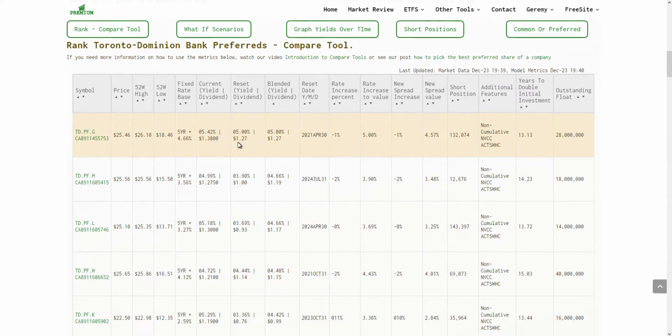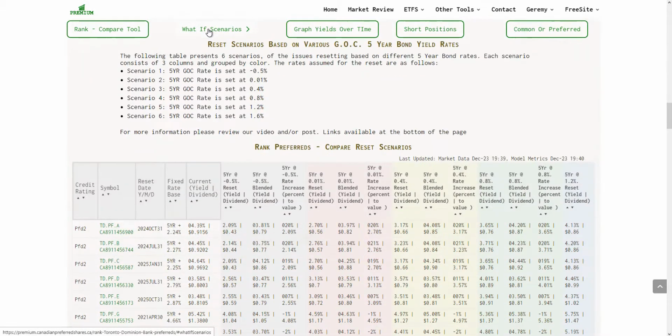Notice the current price is $25.46. That's 46 cents above face value. In terms of capital gains, you have no upside potential and you are fully exposed to downside risk. Use what-if scenarios to see other projected yields for TD PFG. Click the button What If Scenarios to get to this section.